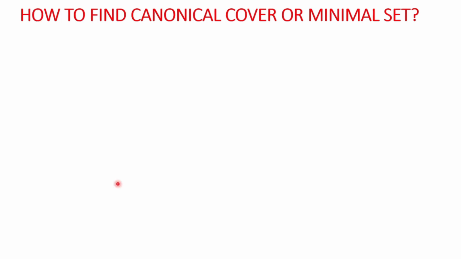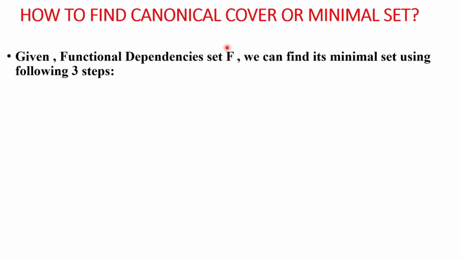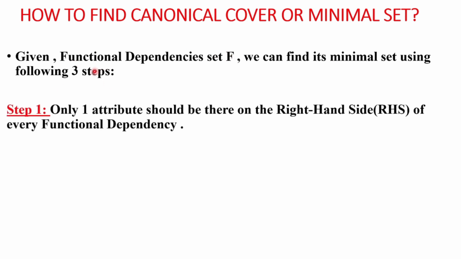Now how to find the canonical cover? There is a procedure for finding the canonical cover or minimal set of FD. Given a functional dependency set F, we can find its minimal set using the following 3 steps. What is step 1? Only one attribute should be there on the right hand side of every functional dependency.